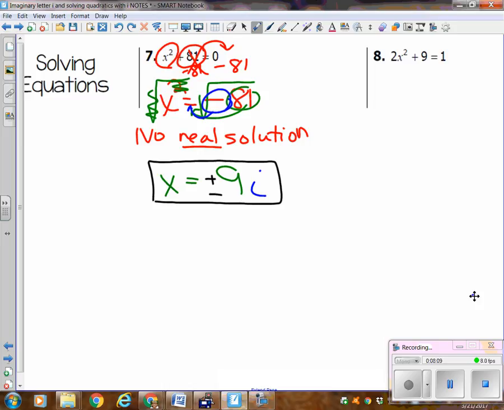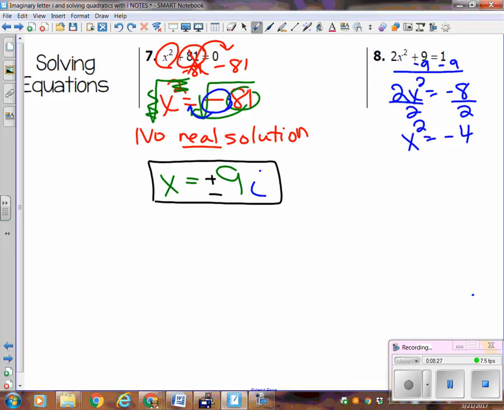Remember, our strategy with the square roots method is to solve for x squared. So I have a plus 9 and also a 2. How do I get rid of plus 9? Subtract that. 2x squared equals negative 8. Divide by 2. x squared equals negative 4. Now, in the past, I would say no real solution.